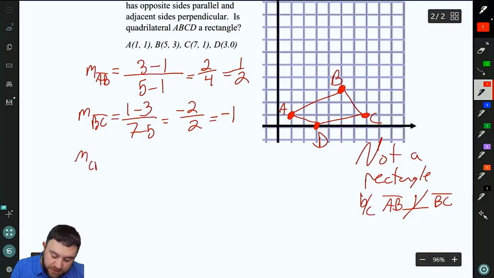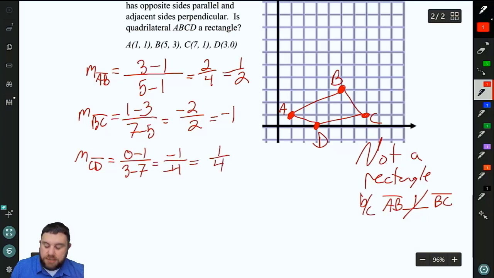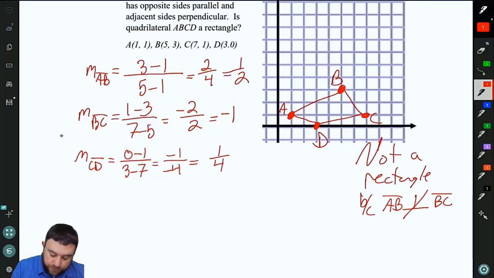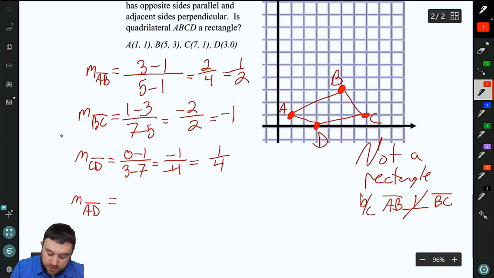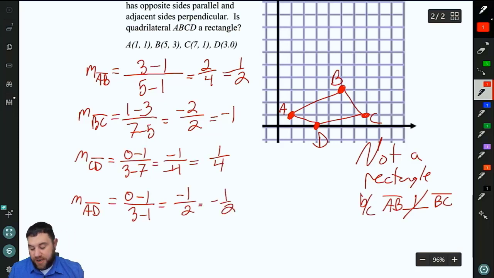The slope of CD will be 0 minus 1 over 3 minus 7. It's going to give us negative 1 over negative 4. Negatives cancel out, so we have 1/4. And then our last side is AD. And that will be 0 minus 1 over 3 minus 1. Negative 1 over 2, so that will give us negative 1/2.